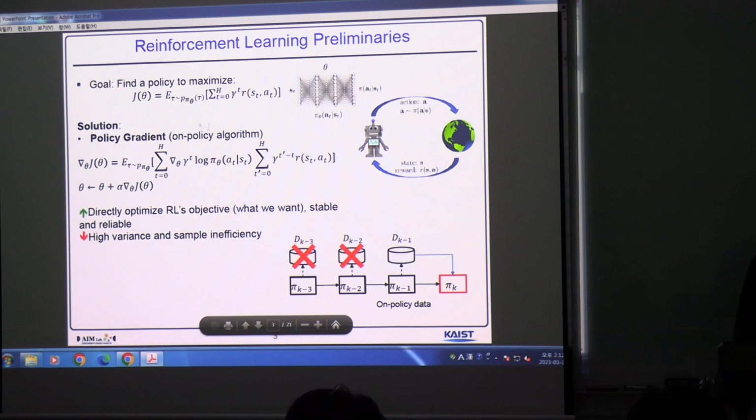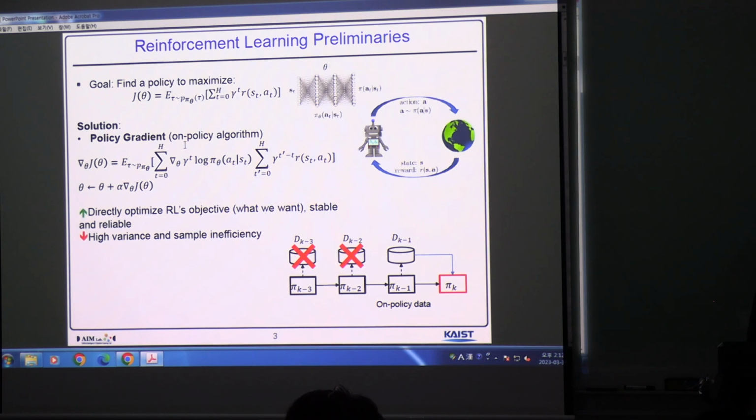So with this target, one solution is to use the policy gradient algorithm. So what is this algorithm? In this algorithm, we just take the target here as the objective function, and then we take the derivative, the gradient, with respect to the parameter of the policy.